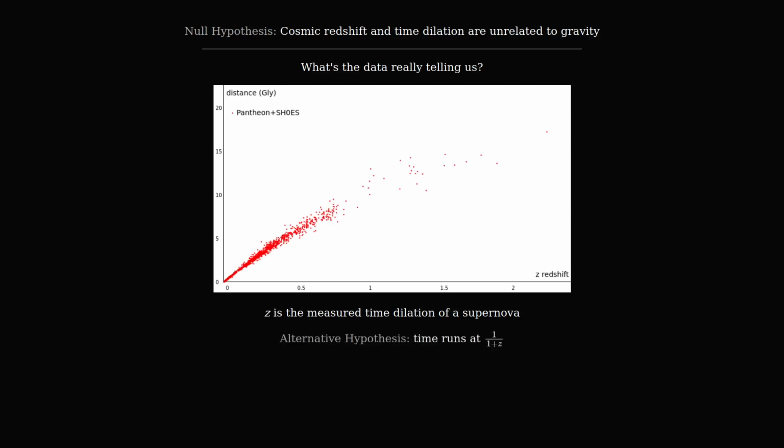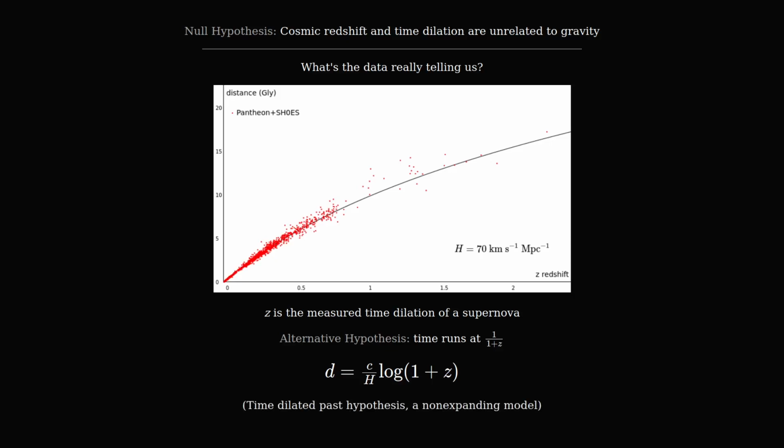Taken literally, we could say that time is running slower at these distances and redshifts. Let's say time runs at 1 plus z. Integrating 1 over 1 plus z gives this log function, and this is the time-dilated past hypothesis, a non-expanding model introduced in the last episode.